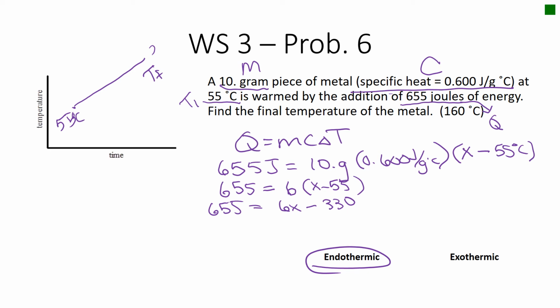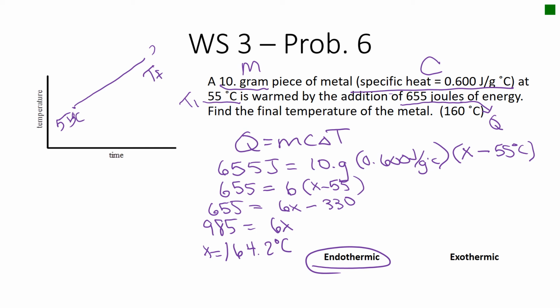So it's 655 plus 330, which is 985. So I have 985 equals 6x. Now I'm going to divide 985 by 6, and x equals 164.2 degrees Celsius. All right, so that's my final temperature that it was able to get up to.